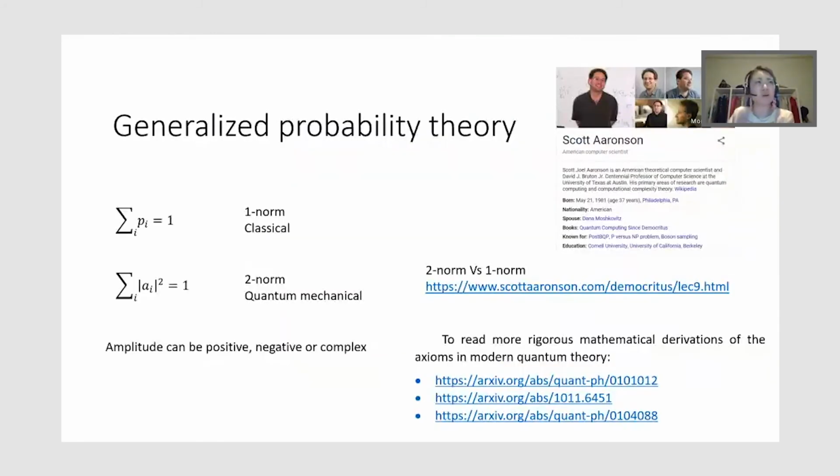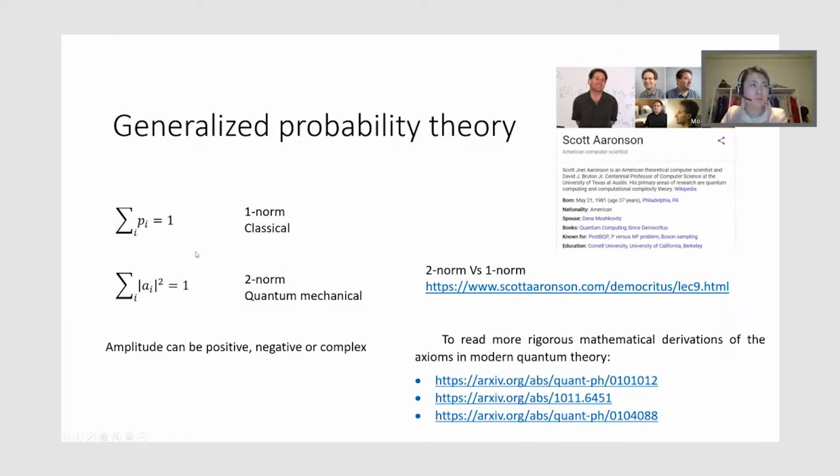To read a bit more formal description of classical and quantum probability theory, Scott Aaronson has given quite a lot of interesting write-ups and lectures in his own words, so I recommend you look it up.